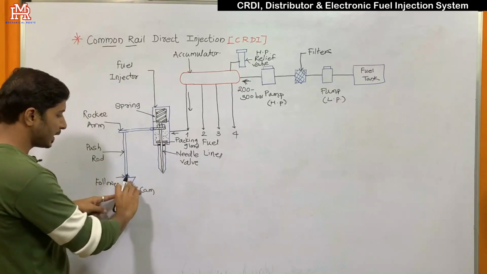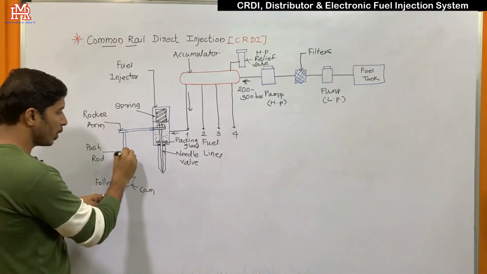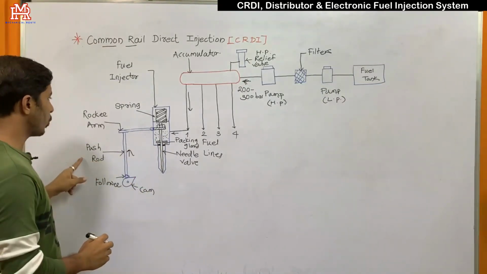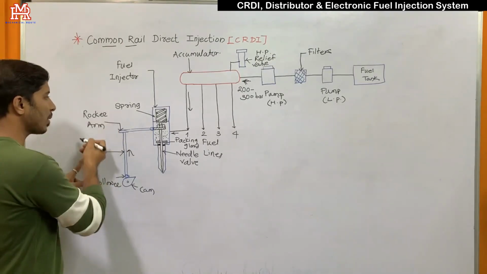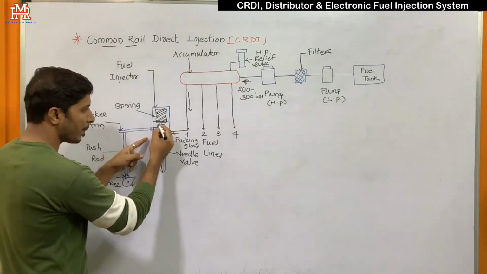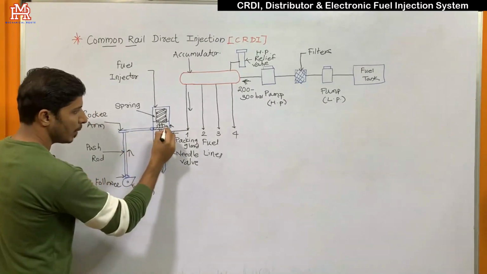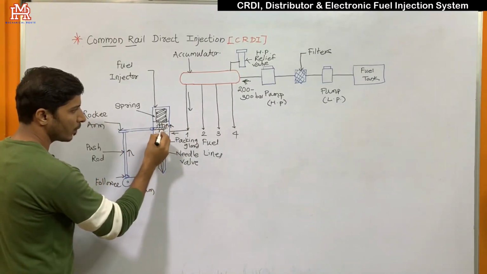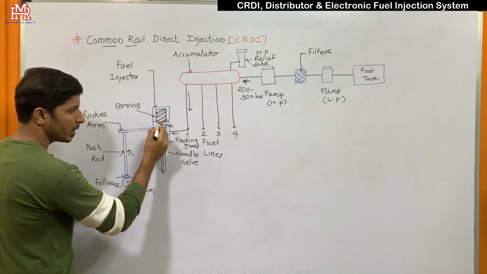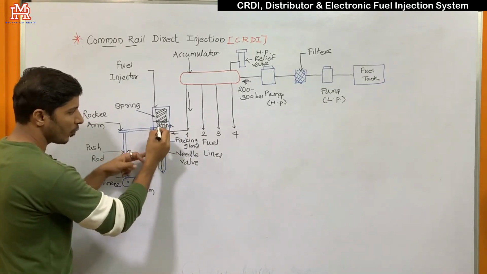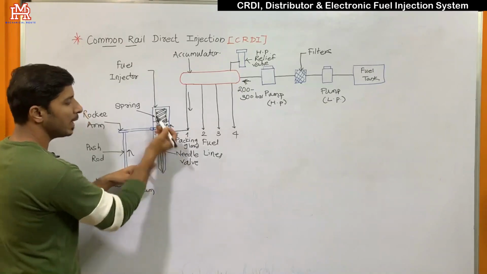So when this cam rotates, obviously there will be an upward movement of this push rod. The rocker arm will pivot at this point, and this complete assembly will shift up. As a result, the needle valve will be lifted up.